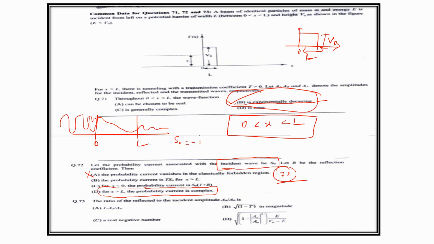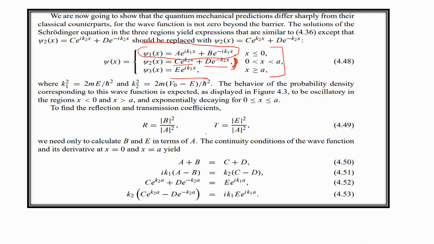So find out the S naught value. The incident wave is A e raised to the power i k1 x, right? If you are asked to find the probability current density for the incident wave, it will be minus i h cross upon 2m times psi I star del psi I minus psi I del psi I star.